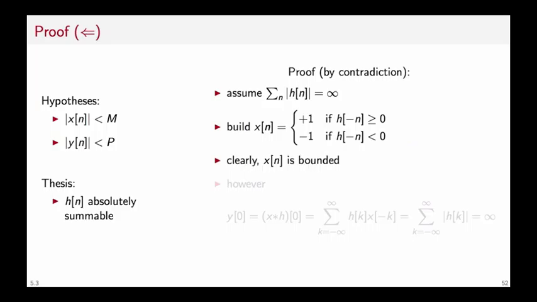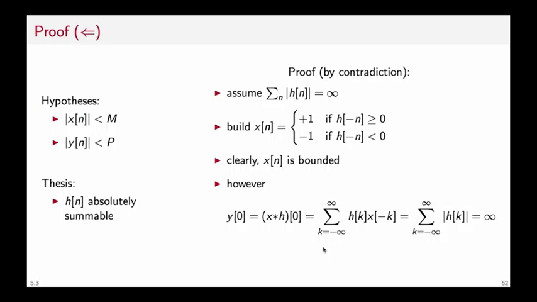Well, clearly, x of n built as such is a bounded signal because it's between plus 1 and minus 1. However, if we try to compute the response of the system defined by h of n in 0, we have that the output y of 0 is the convolution between our artificial input x of n and the impulse response computed in 0. So we write out the convolution sum explicitly.